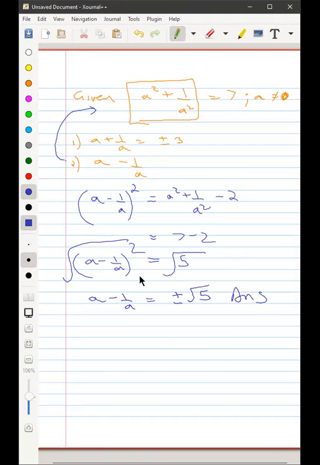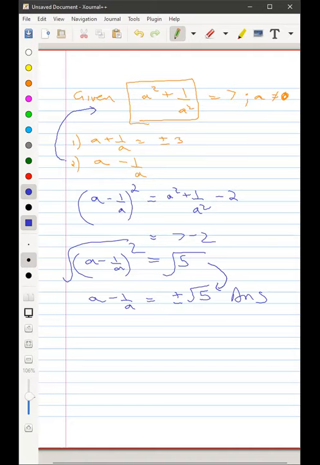I take out the square root on both the sides so that the whole square gets cancelled, and I end up with plus minus root 5 as the answer. Okay, everyone, whenever we are taking out a root of a number, always write plus minus.